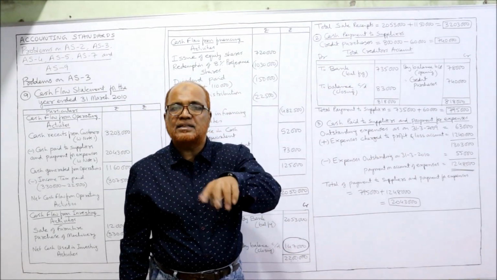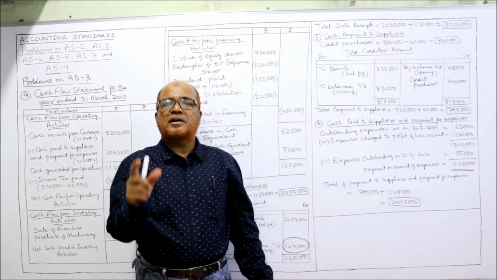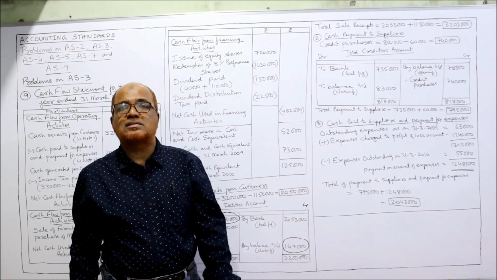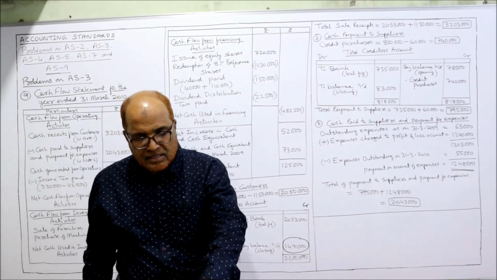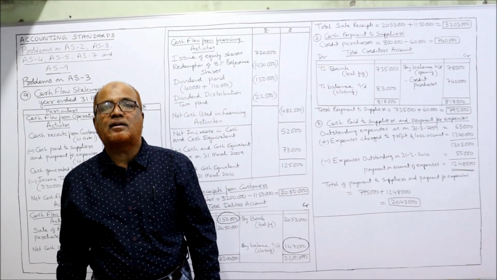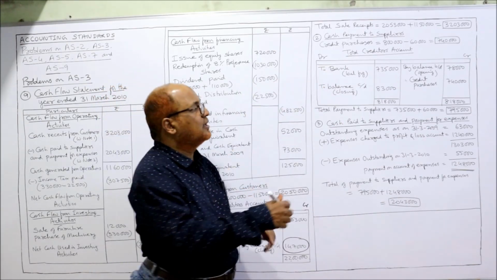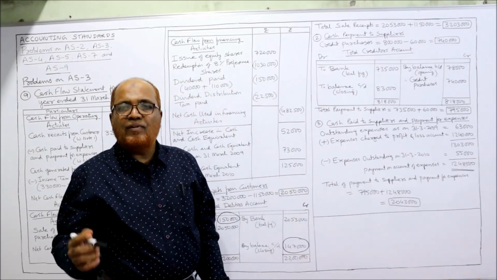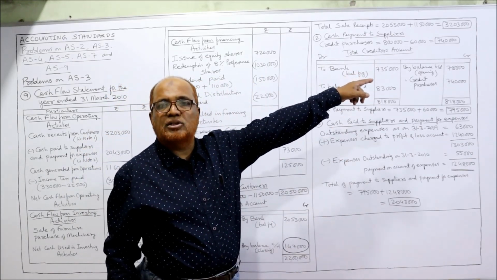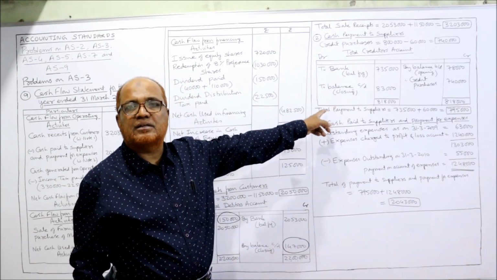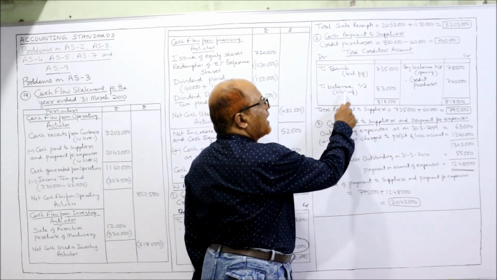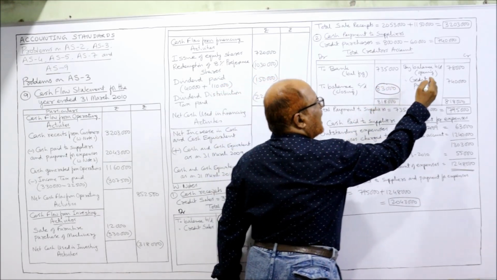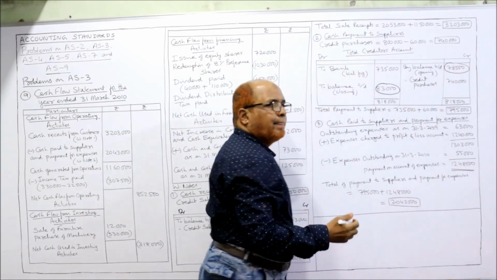Now remember, creditor is a liability, so it will show a credit balance. So the beginning of the year 78,000 was the opening creditors. That should be taken on the credit side, so by balance brought down 78,000 opening. When opening is taken on the credit side, the closing will be taken on the debit side. So on the debit side, to balance carried down, closing 83,000.